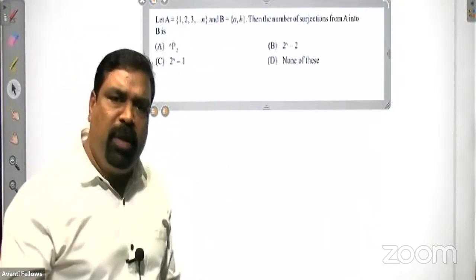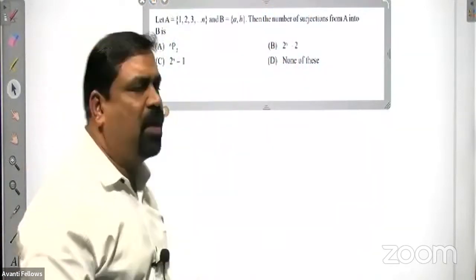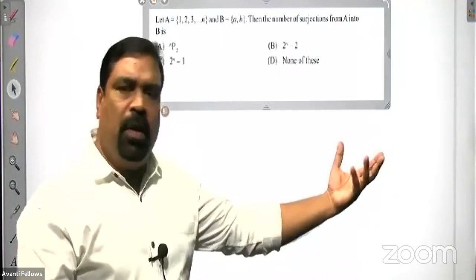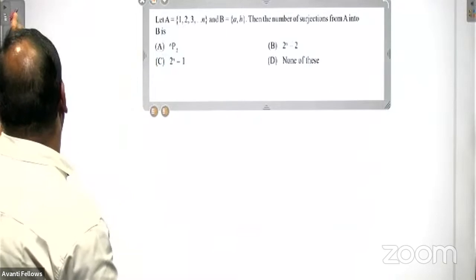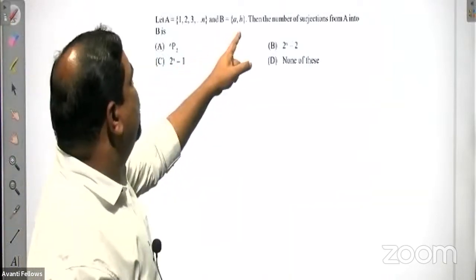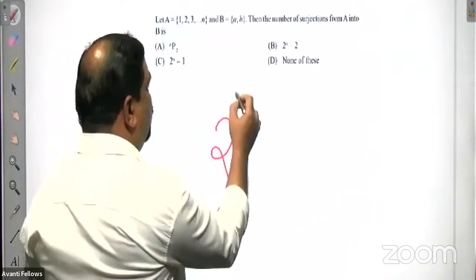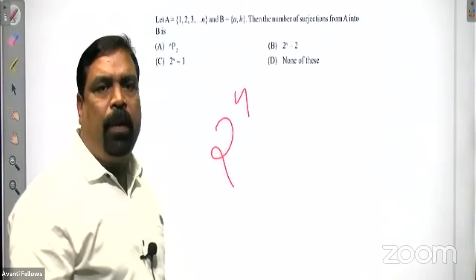The question is the number of surjections from A to B. Same idea, what I just explained. Total number of functions will be what? Set B contains 2 elements and set A contains n elements. So the total number of functions will be equal to 2 raised to n.